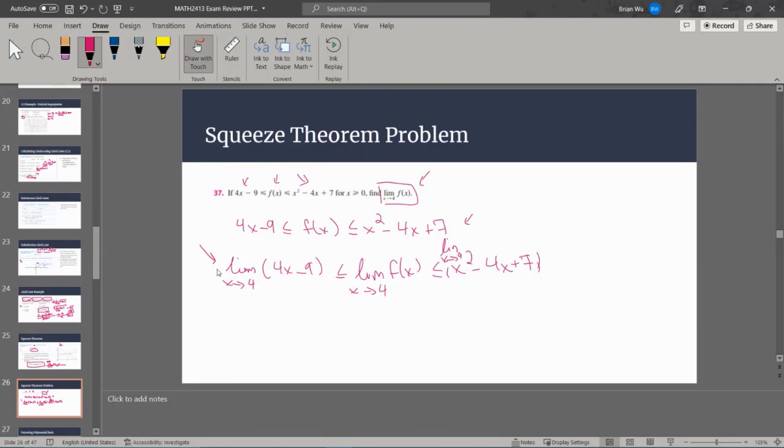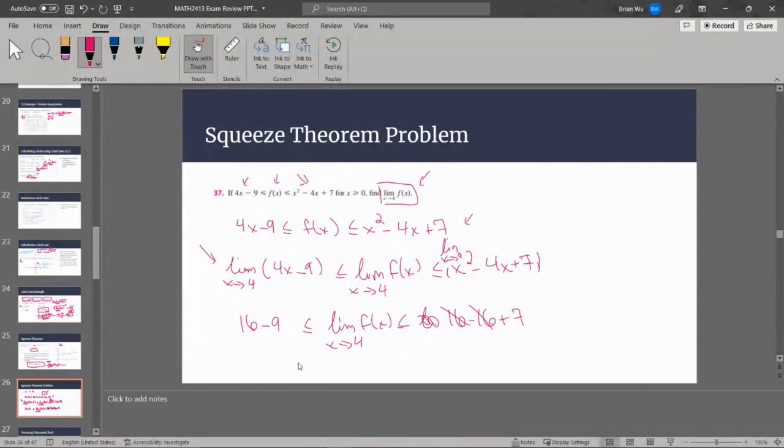If we evaluate, we see that these are polynomials, so we can just use direct substitution. We know that this one is equal to 16 minus 9. Inside is the limit. And for this one, if we plug in 4, it's 16 minus 16 plus 7.